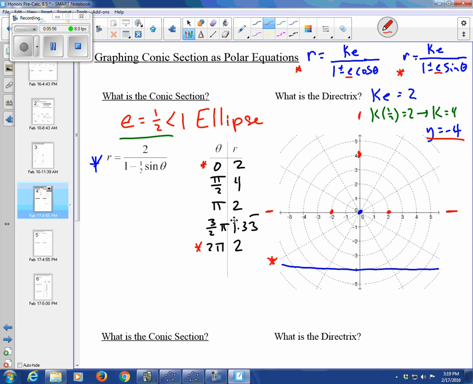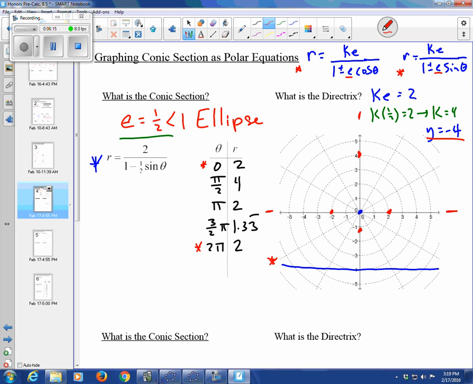And then right here, 3 halves pi is going to give us 1.33 repeating. So right here, we're approximately right there. That distance of 1.3 repeating in the direction of 3 halves pi. And then, of course, 2 pi gives us 2 again, so right here we're back to the same point we had over here.